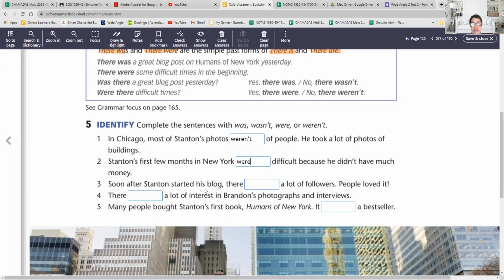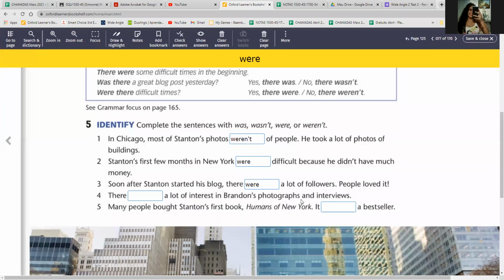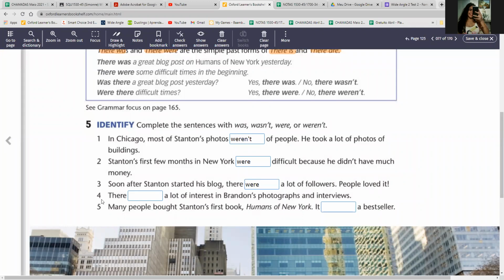Soon after Stanton started his blog, there, people loved it. So soon after Stanton started his blog, a lot of followers, plural, affirmative. So there were. Very good. Excellent.